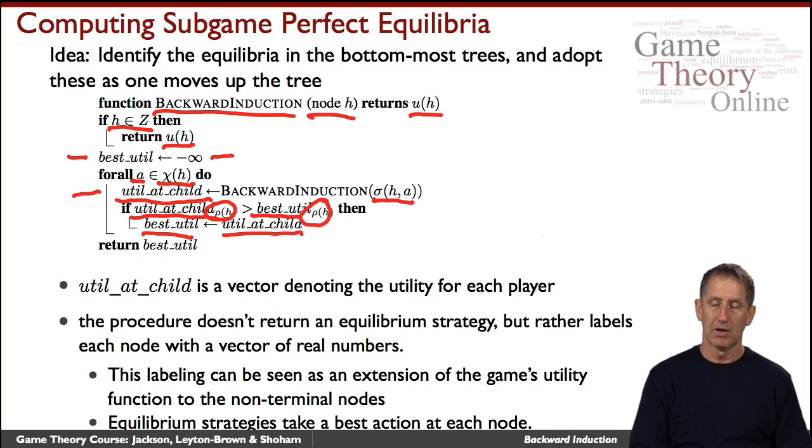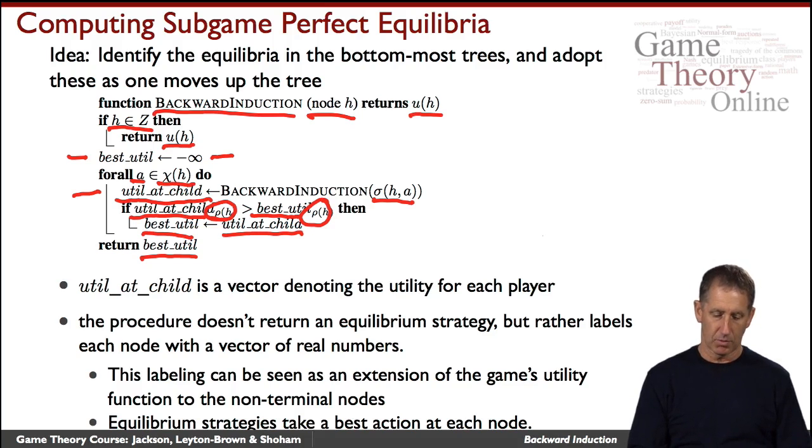And so in this way, we're cycling through all the children and finding, from the point of view of the agent to whom node h belonged, which of all the vectors is best. And again, the intuition is he will take the action leading to that child and we update that vector accordingly. And that's why when we're done, we return the best we found so far, called bestUtil. That is the backward induction procedure.